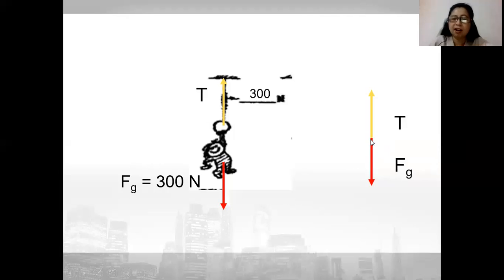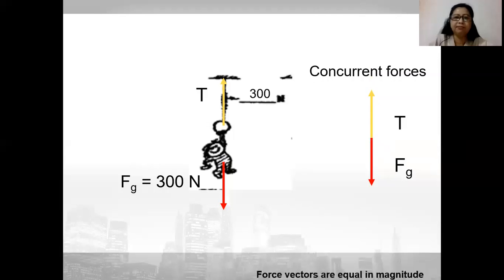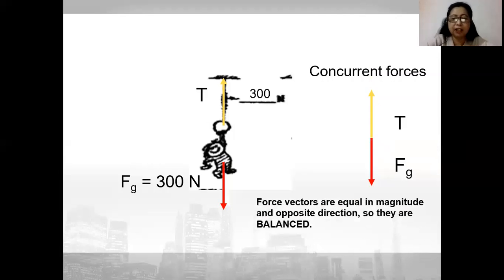The forces are acting on one point. So we can say that they are concurrent forces. So force vectors are equal in magnitude and opposite in direction. So they are balanced.